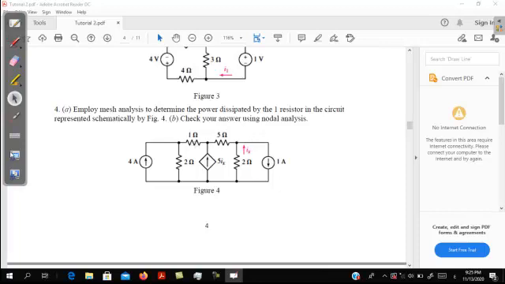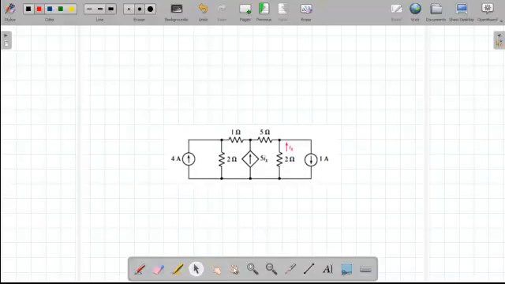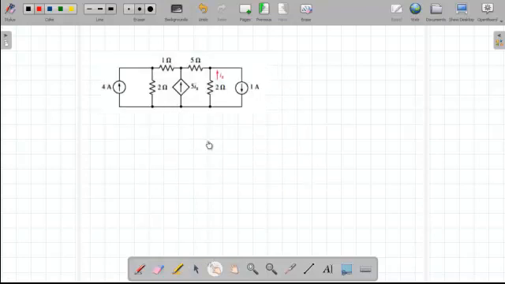So first of all, we need to name our currents here. So here we have 4 meshes. We call the currents here I1, I2, I3, and I4.